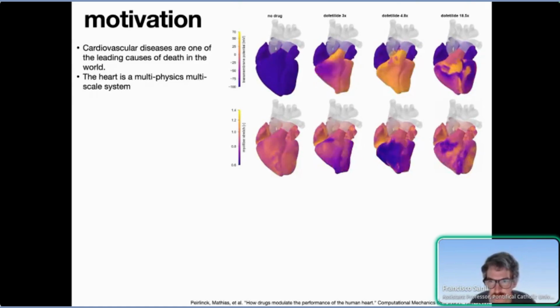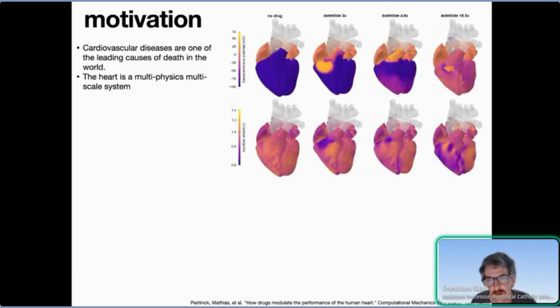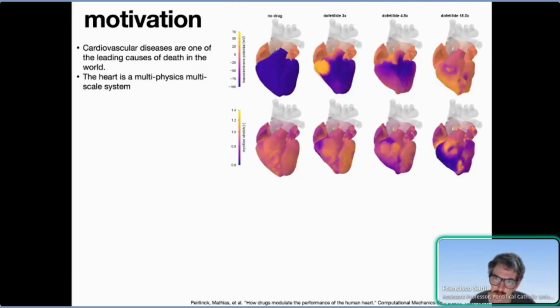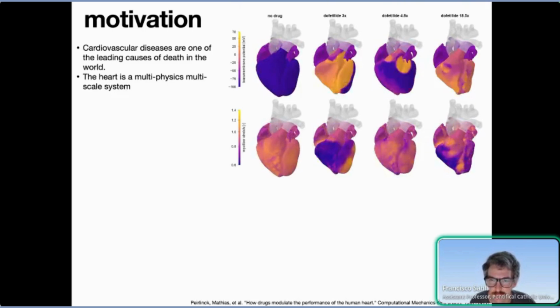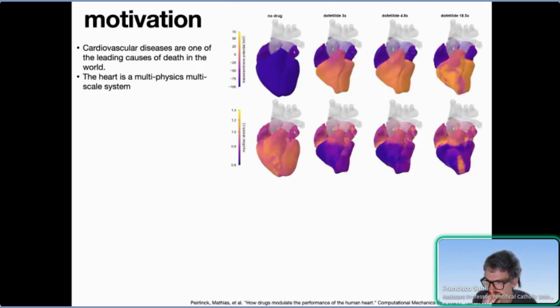So this is a finite element model of a human heart, where you can see the electrical activity on top, how the electrical waves are propagating, and at the bottom you can see how the heart is contracting.